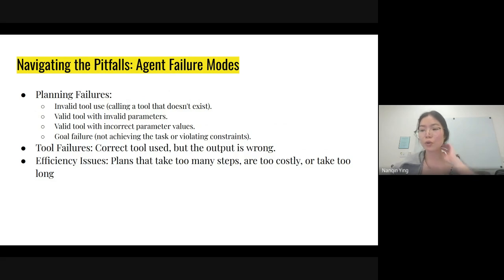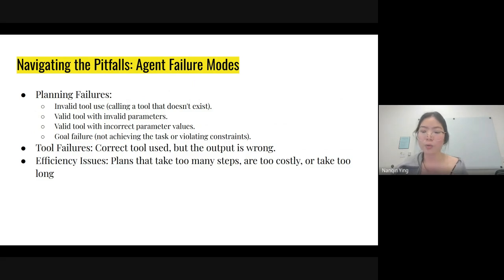The second is tool failure, where they choose the correct tool, but the tool itself provides incorrect information. And the last one is efficiency: everything is right, but it costs too much and takes a lot of time to complete the task, which is not efficient.